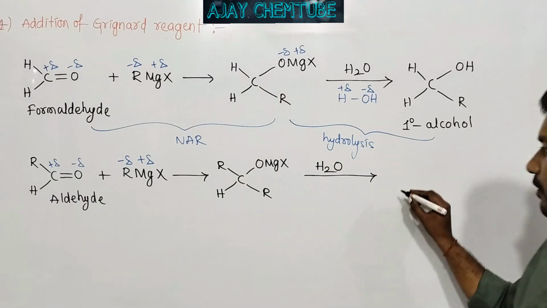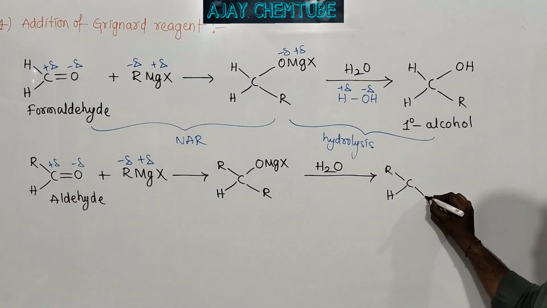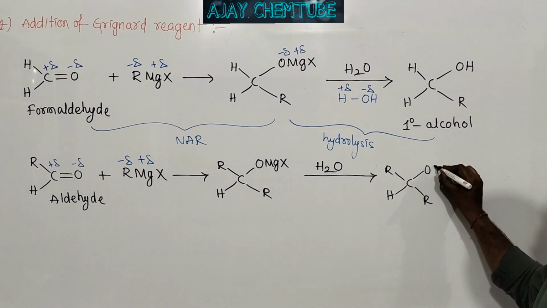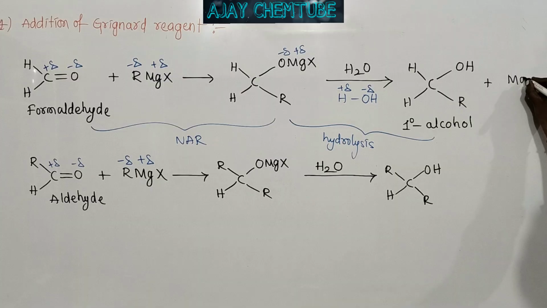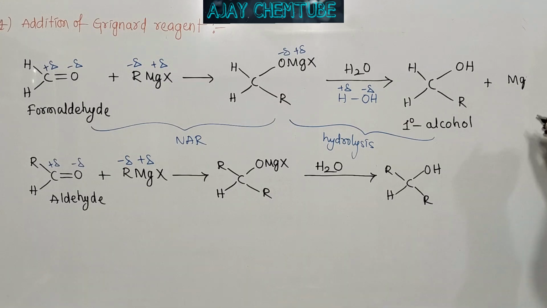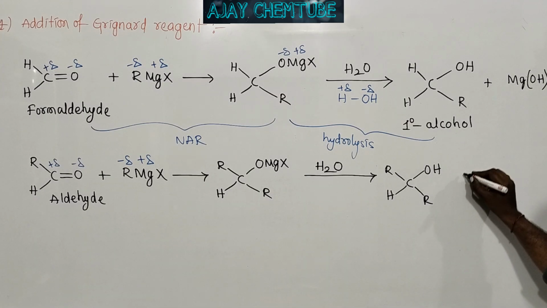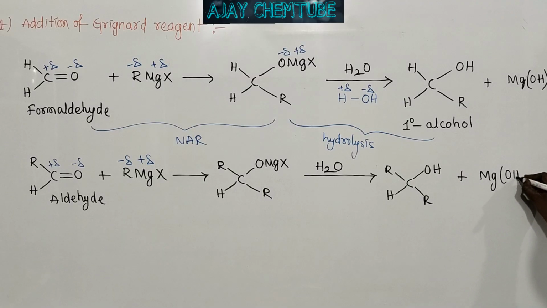By the hydrolysis, what does it form? R here, H here, and R here, OH. To MgX, OH is added. This is the byproduct.